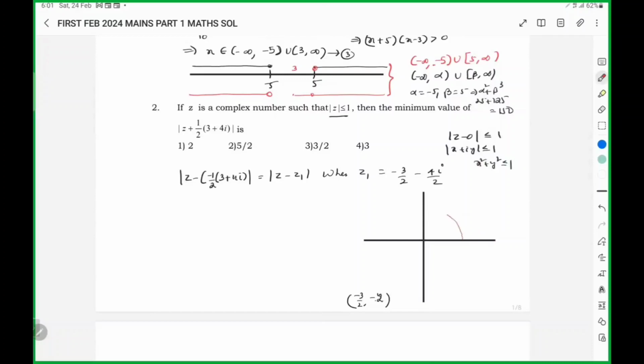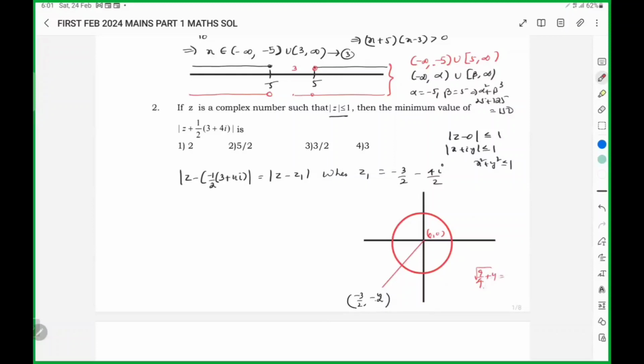Now this point, and a unit circle here. The distance between this and this point will be root of 9 by 4 plus 4.